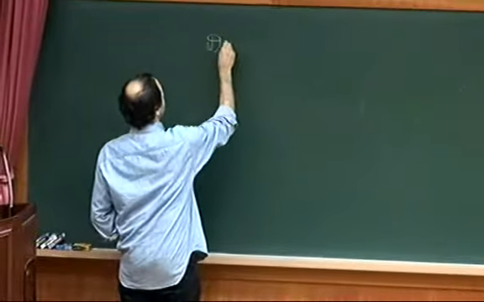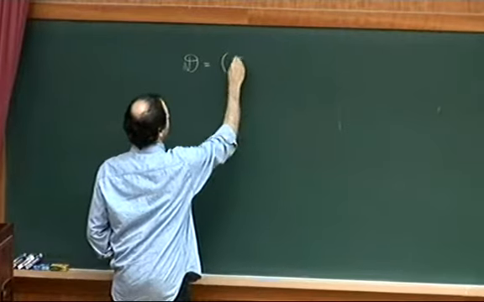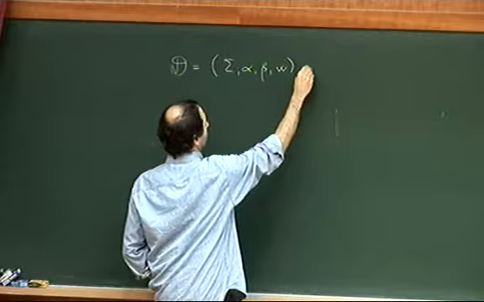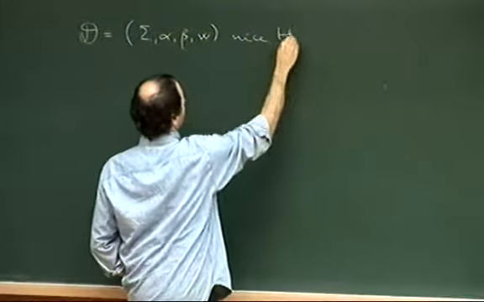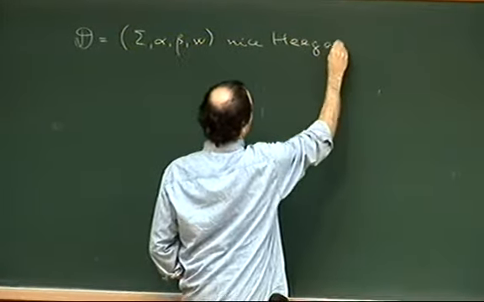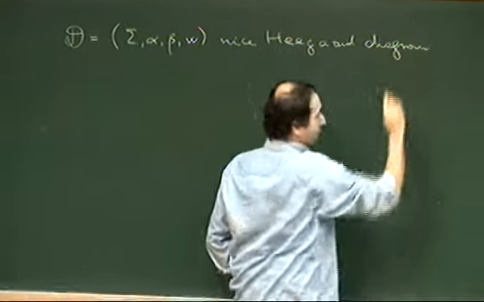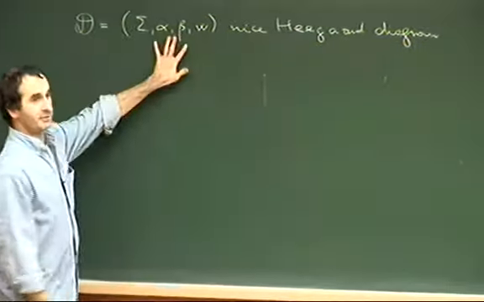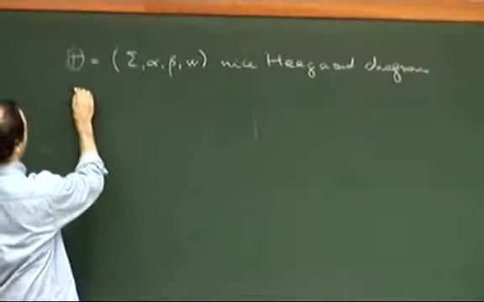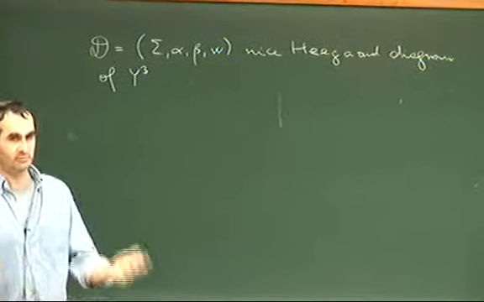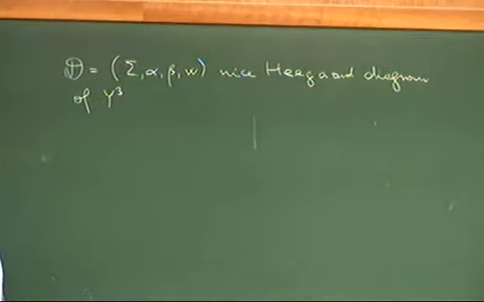So suppose that we have a nice Heegaard diagram. As every Heegaard diagram, it determines a closed, oriented, compact three-manifold Y3.